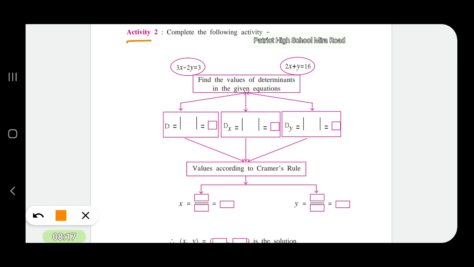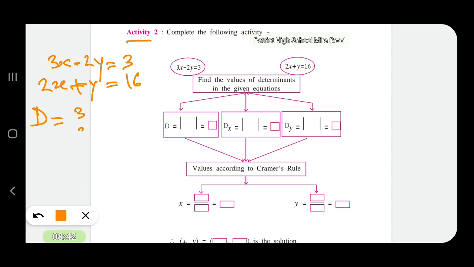Activity 2. Complete the following activity. So the first equation is 3x minus 2y is equal to 3. And the second equation is 2x plus y is equal to 16. Determinant D. How do we find determinant D? We take the first two columns.